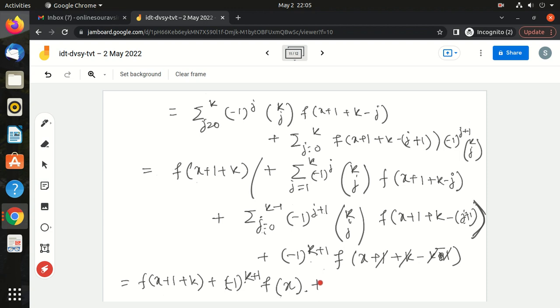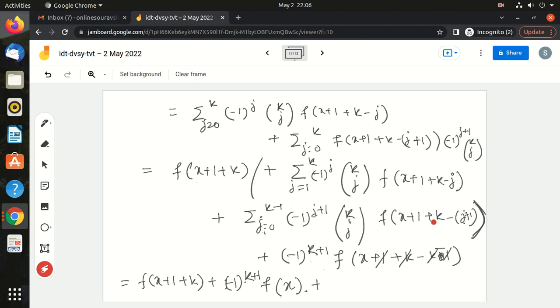Okay, and I didn't write this sum here. I'll write it in a minute. First, let me calculate these two. Let me write it down on the other side first, then I will show you.